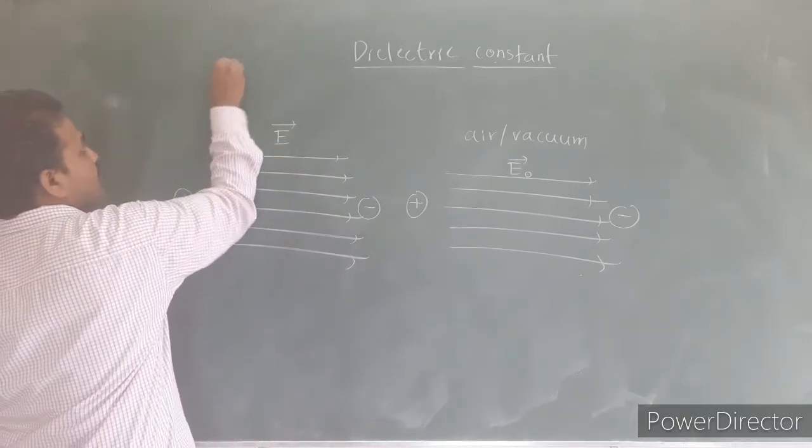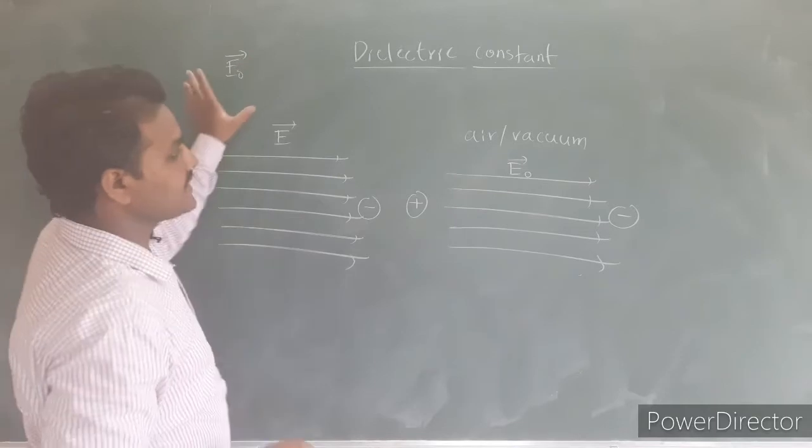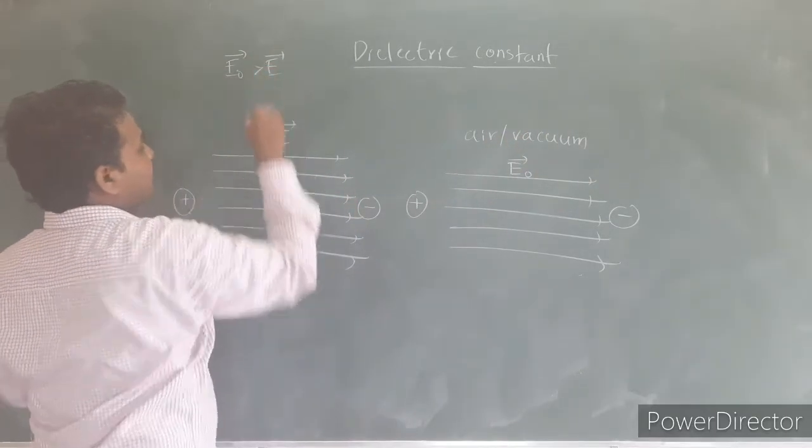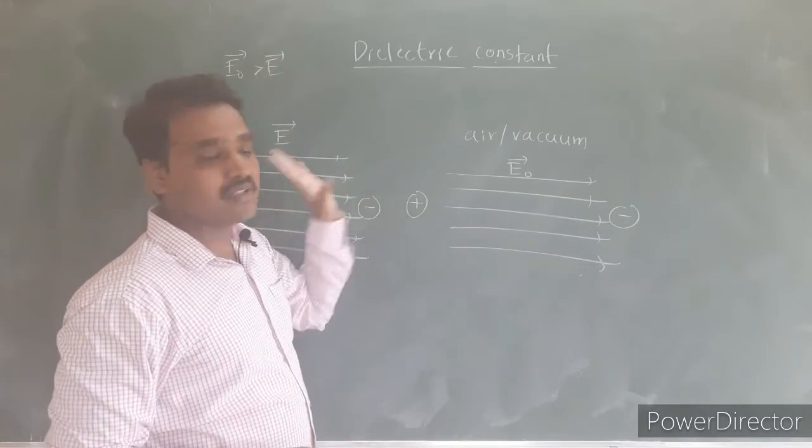And it can also be proved that always the electric field intensity induced in the air medium is maximum compared to the electric field intensity produced in some other medium.